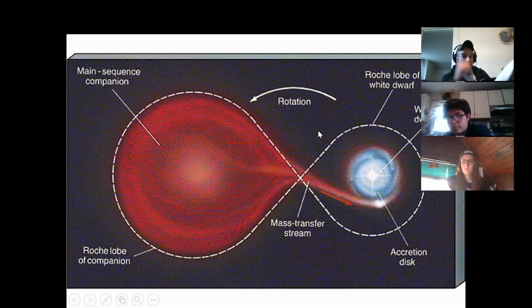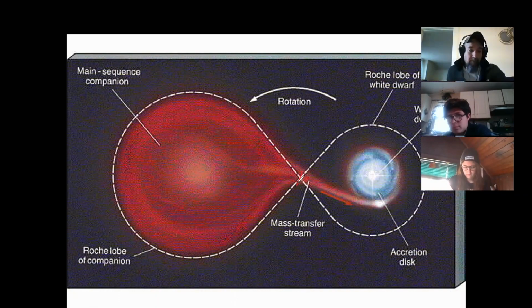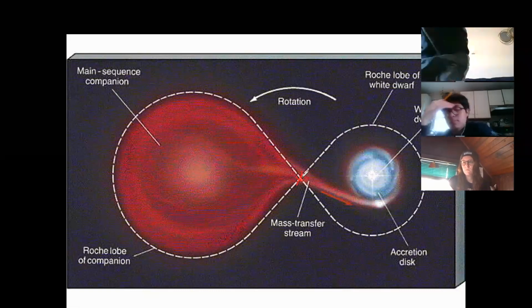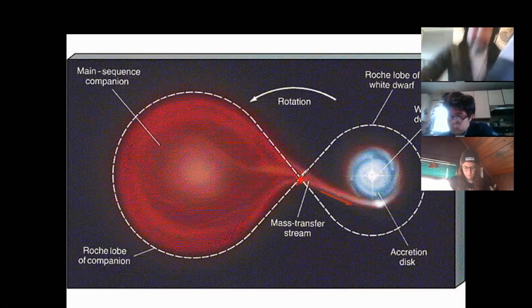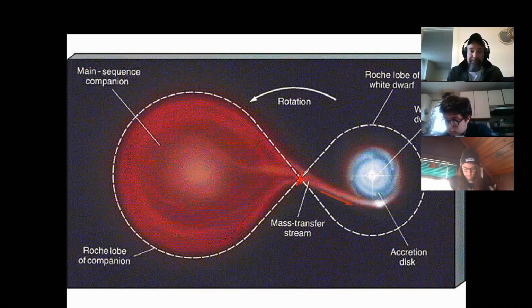Now, both of these stars have gravity, and at some point there's an equilibrium tipping point between the 2 stars, where if you placed a little test particle, like a little floating astronaut or a little block of cheese, that object would feel an equal gravitational force from the white dwarf as it does from the red giant star to the left here.